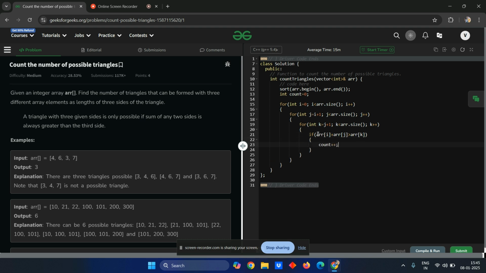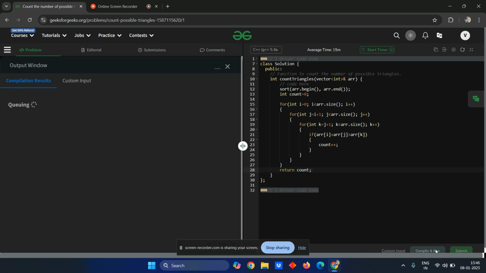That means we are able to construct a triangle with the given lengths. Otherwise we can't create it. So here, return count. Okay, we can simply return our count, and here I'm going to check compile and run.